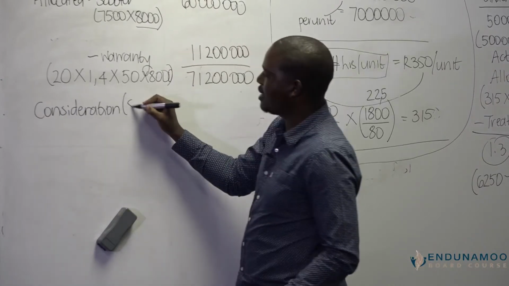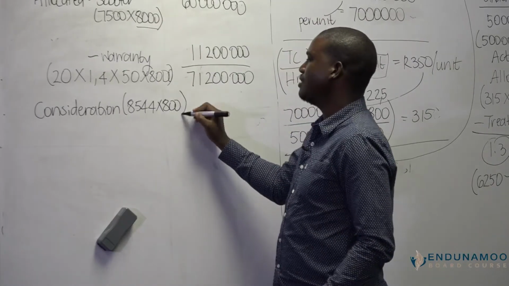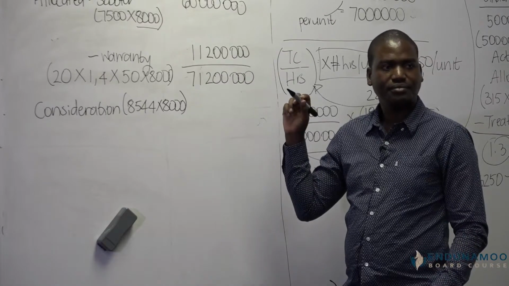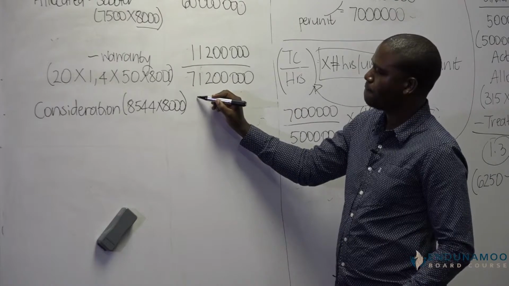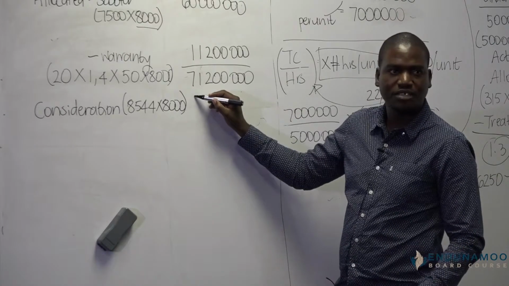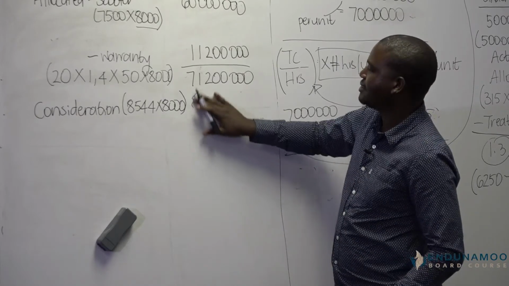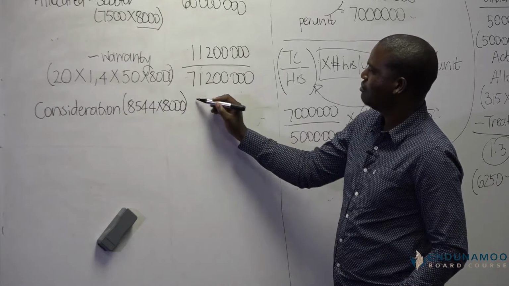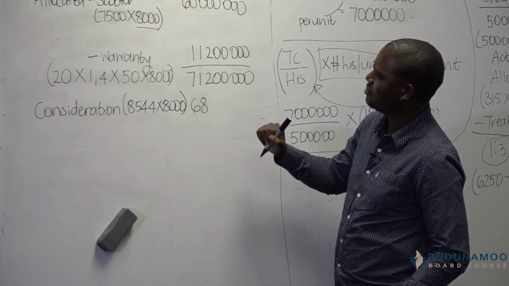So consideration was 8544 multiplied by 8,000, which is 68,352. That's right.